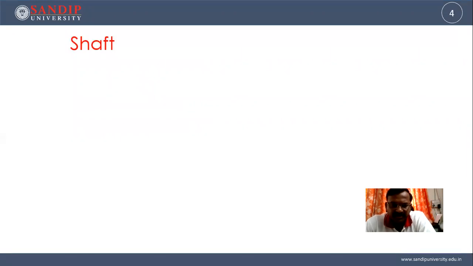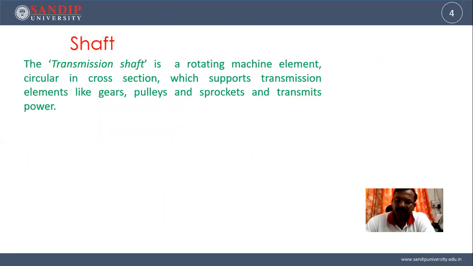definition of shaft. When I say shaft, it is related to transmission. So generally we say that it is a transmission shaft. The transmission shaft is a rotating machine element, circular in cross section, which supports transmission elements like gears, pulleys, and sprocket, and transmit power. So whatever you had told earlier, all the points are covered in this definition.